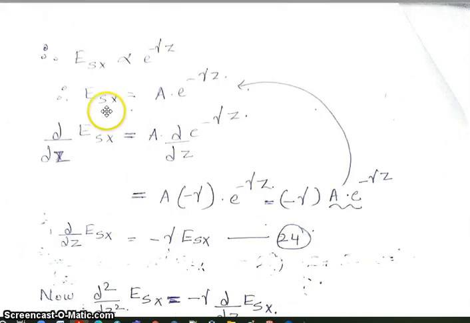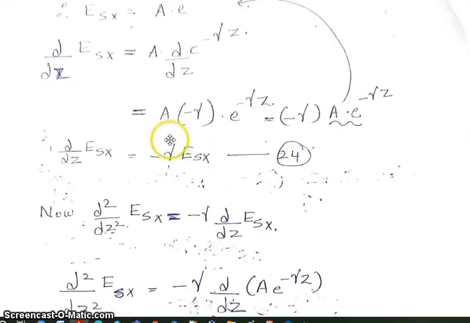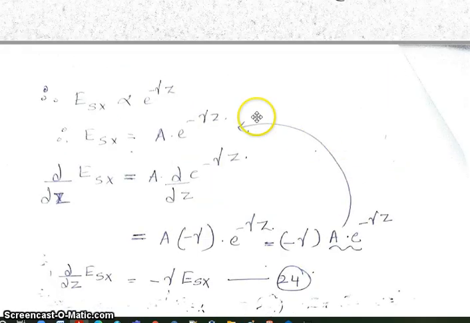So Esx is equal to a constant into exponential minus gamma z, and I am taking the derivative with respect to z, so I can write ∂/∂z Esx is equal to a into ∂/∂z exponential of minus gamma z, which when differentiated gives minus gamma a into exponential of minus gamma z. And you know this term a into exponential of minus gamma z is Esx.